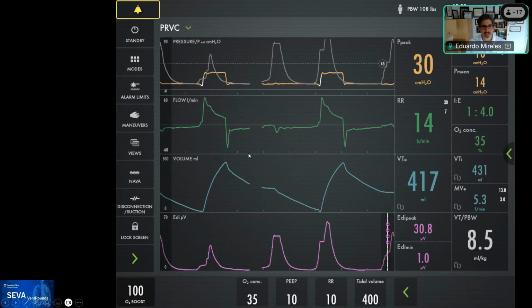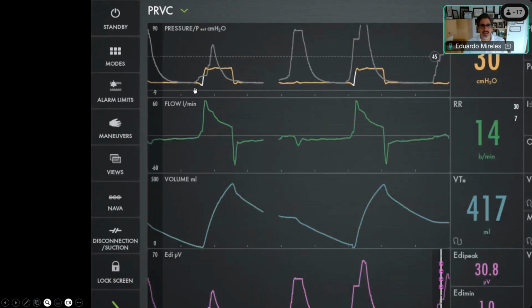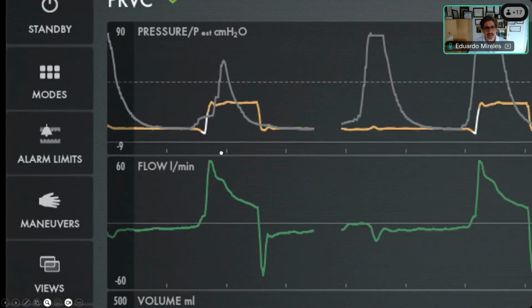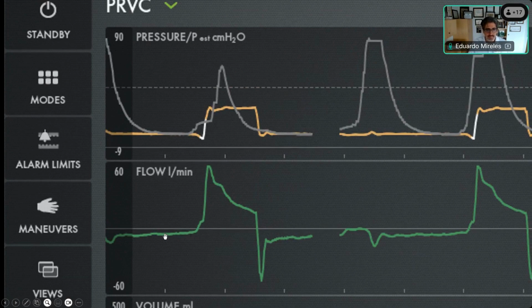But exactly, Miguel, excellent eyes. So now you have this patient triggering the PRVC. Now you see those breaths being triggered by the patient. Actually, let's just amplify this for a second. That's why this is such a good case. You see the patient activating.